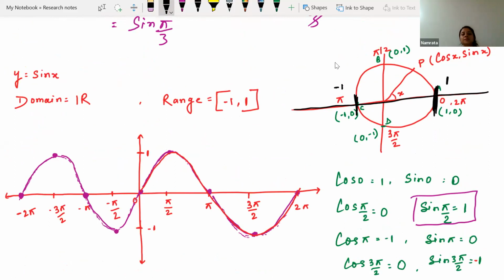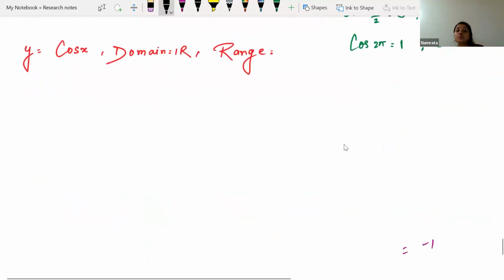Can you see? So we can say that the range of the cosine function is also lying between -1 and 1, a closed interval, obviously, right? So can I write the range as -1 to 1, just like the sine one?